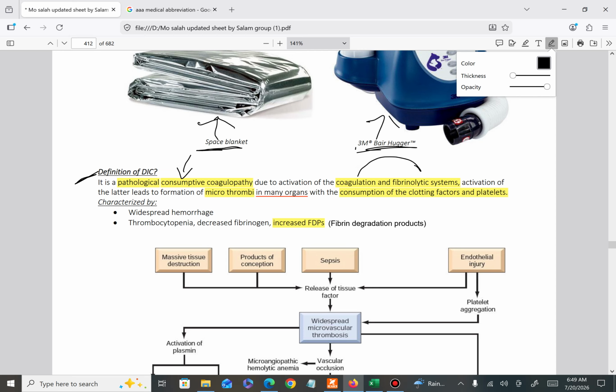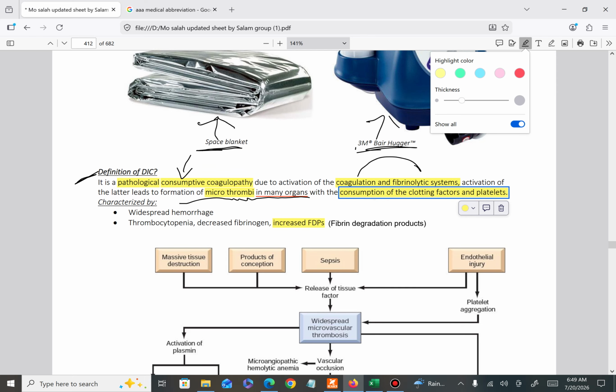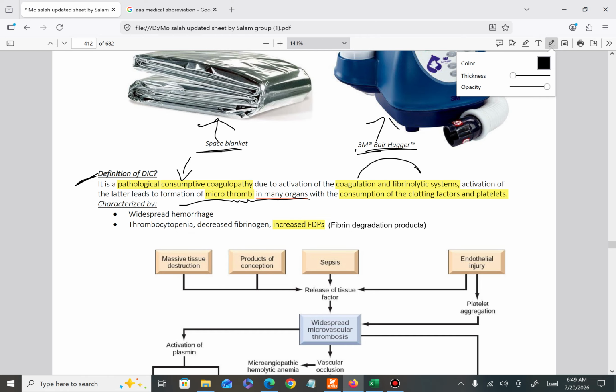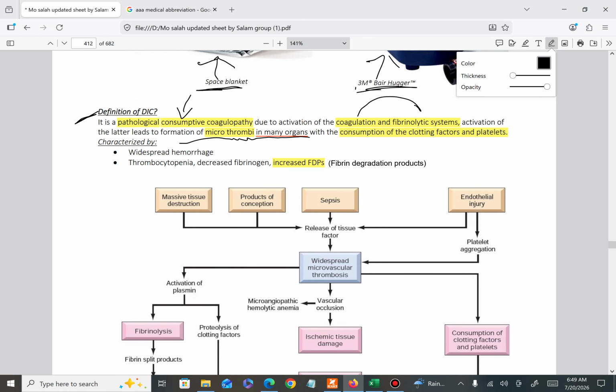So in DIC, the coagulation and fibrinolytic systems are both activated, which causes the formation of microthrombi in many organs with the consumption of the clotting factors and platelets. It is characterized by widespread hemorrhage, thrombocytopenia due to consumptive coagulopathy, decreased fibrinogen, and increased fibrin degradation products.